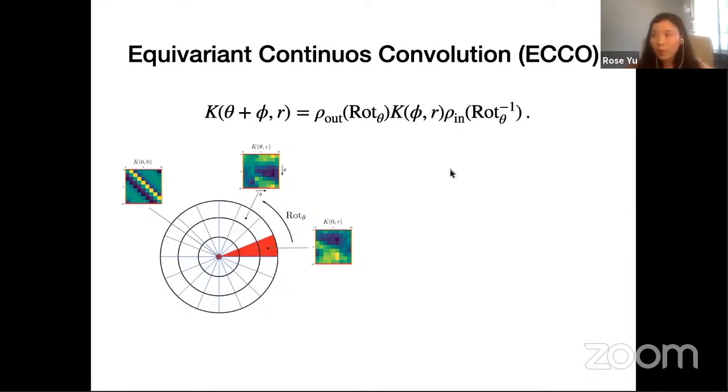What we did is define this kind of kernel, k of theta and phi, over the polar coordinates, where the first entry is the angle and the second entry is the radius. Based on the general principle that this kernel k should be group equivariant under conjugation, we need the group kernel to satisfy this condition, where we have the rotation matrix on the left and the inverse of this group operator on the right-hand side.